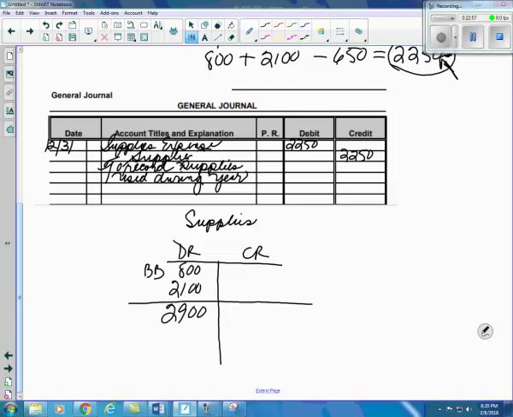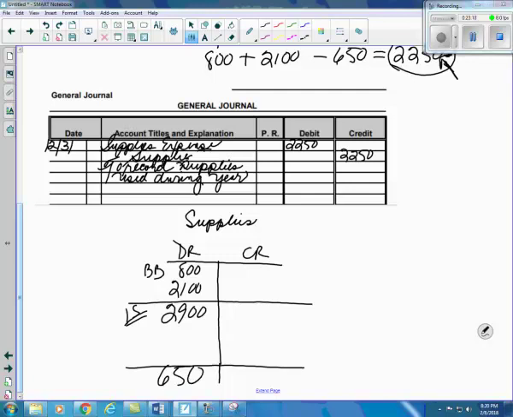Well, we went in and counted it. We no longer have $2,900. So what we need to do is to adjust this account to what it actually is. This is what it is right now. That's not what it is physically. We went in there and we checked. It shouldn't be that. It should be $650.